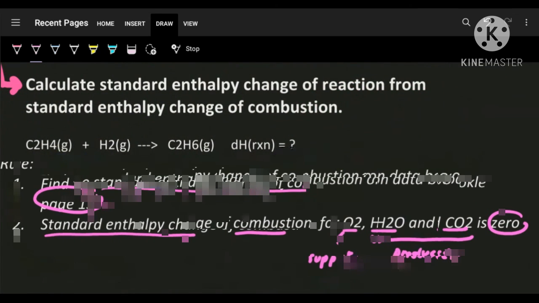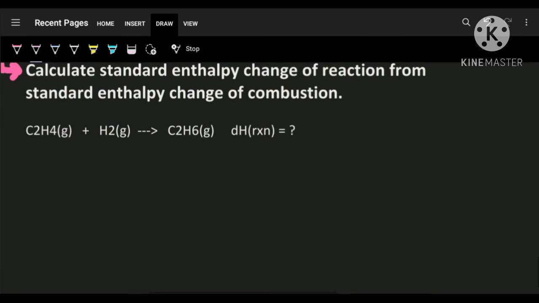Okay, so how to calculate the standard enthalpy change of reaction from the standard enthalpy change of combustion? First, please list down all the standard enthalpy changes of combustion, and please refer to your data booklet. For ethene, it is negative 1411, hydrogen negative 286, ethane negative 1561. And then use the formula.